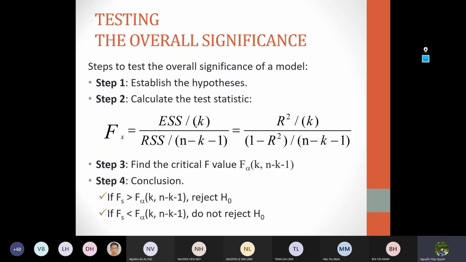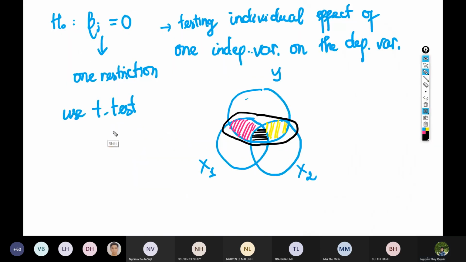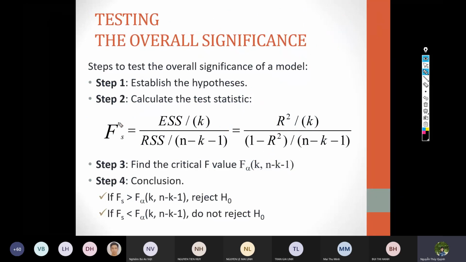Now, the f-test, the observed value of f, is equal to ESS divided by its degrees of freedom, which is k, the number of independent variables in the model. In the denominator, we have RSS, the residual sum of squares, divided by its degrees of freedom, which is n minus k minus 1.